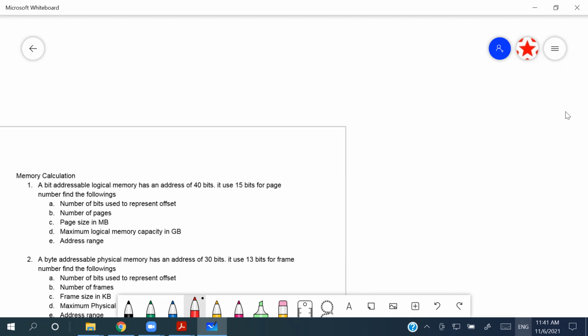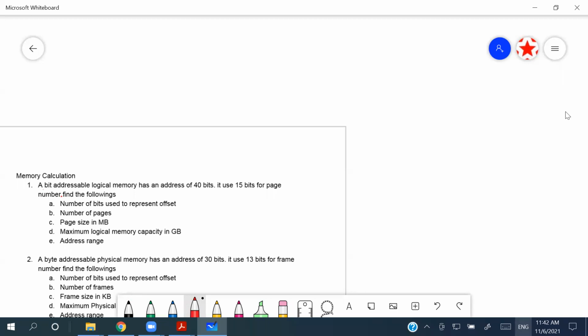So the very first question says: a bit addressable logical memory has an address of 40 bits. It uses 15 bits for the page number. Find the followings. So what are the important facts here?